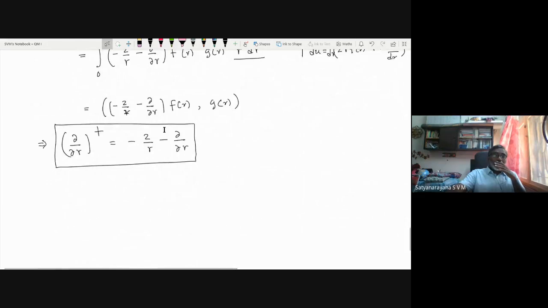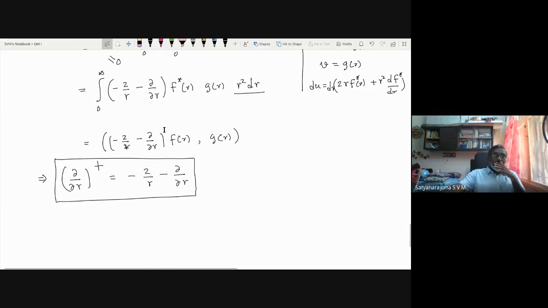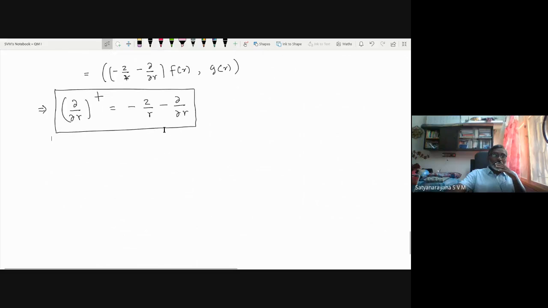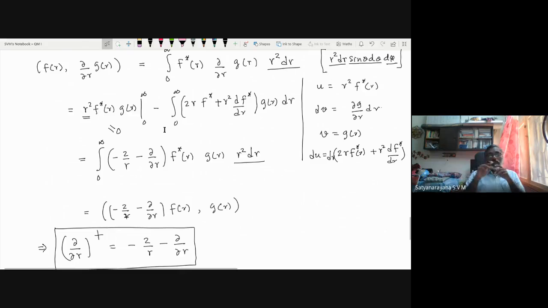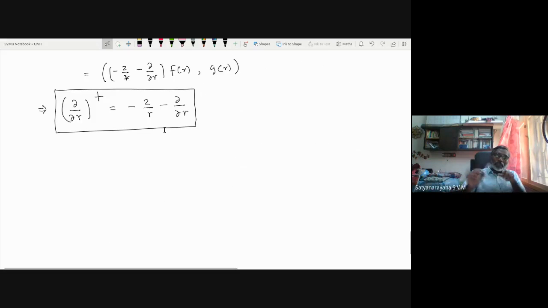You have to understand what the integration measure is in the definition of the inner product. I also mentioned towards the end of my discussion on inner product that it can be generalized by defining something called a weight factor. So you could visualize this r square as the weight factor. That is another way to look at it mathematically.